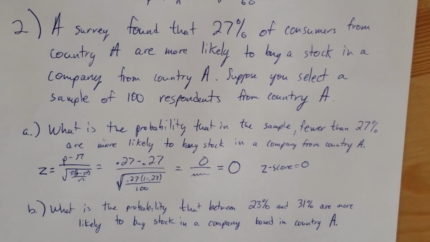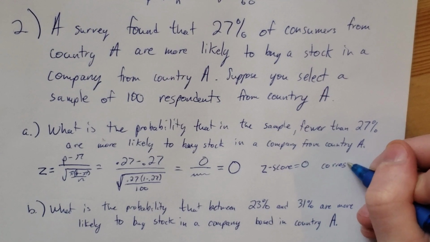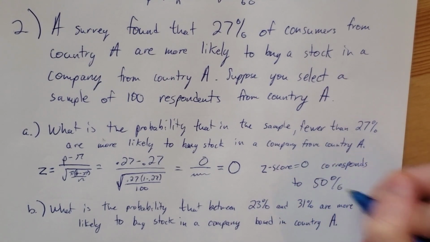Well, that implies that this corresponds to 50% of our options being below this value. So this corresponds to 50%, which is exactly what we said before we did any mathematics.